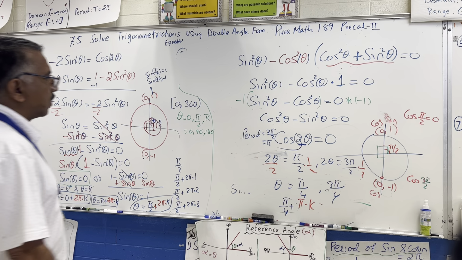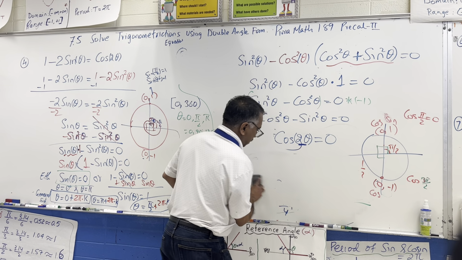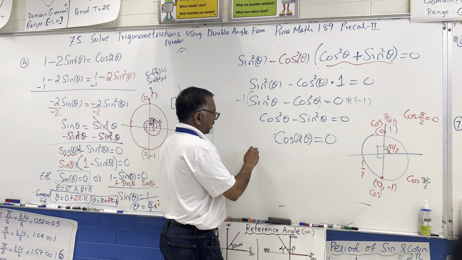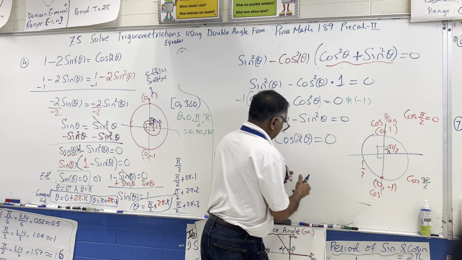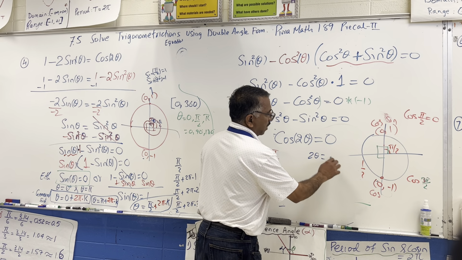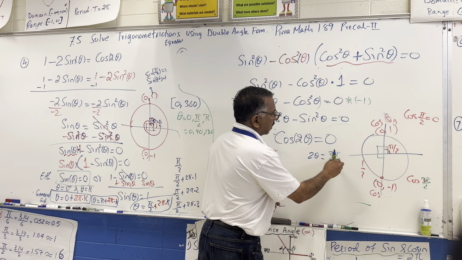Okay, I think I went too fast here. Let me do this again one more time. First of all, we know that 2 theta is pi by 2, and 2 theta is also 3 pi by 2.